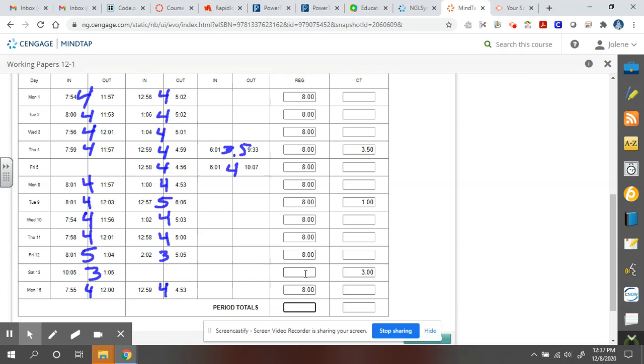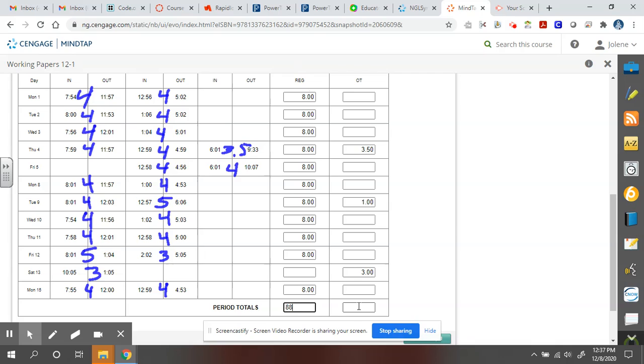So now we have to total down the column. And we've got 1, 2, 3, 4, 5, 6, 7, 8, 9, 10, 11 days at 8 hours. So I multiply those, or I add them all the way down.